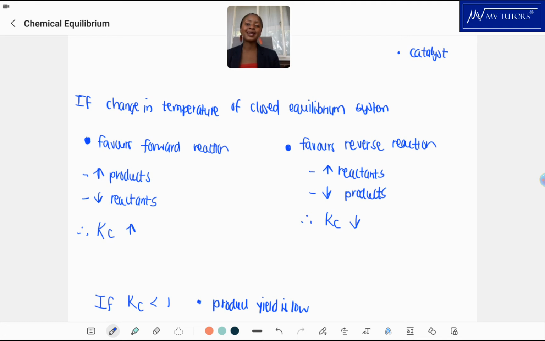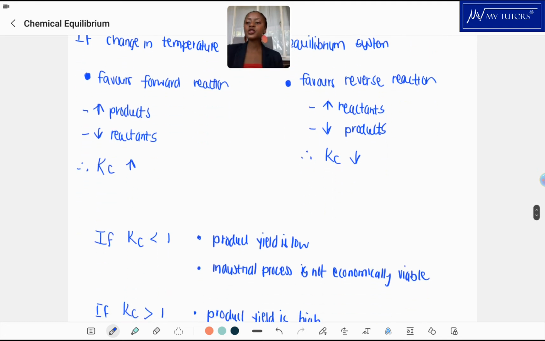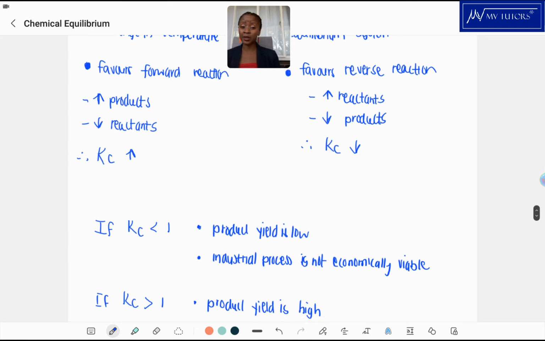And another thing, if you have a low value for your equilibrium constant, basically a value smaller than 1, where you now have negative exponents, so maybe like 1 times 10 to the power negative 2, that's what I mean by your exponents being negative.